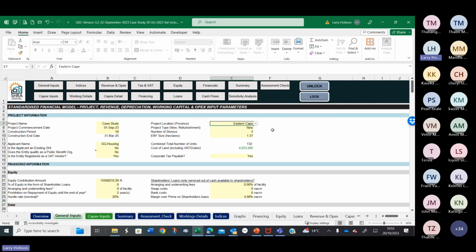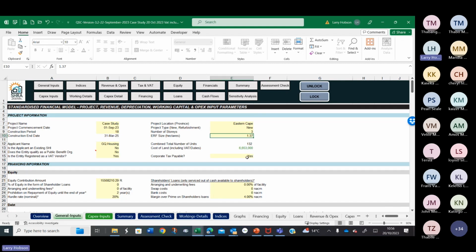So in this case, GQ is in the Eastern Cape. It's a new build project. You've got a choice there of which province. I mean, which buildings? No, you don't. I thought it was a drop-down list. It's a drop-down list on the QSA, not on the QSC. We've got 3-story walk-ups. I've just put in an erf size, assuming it's open greenfields, 132 units.